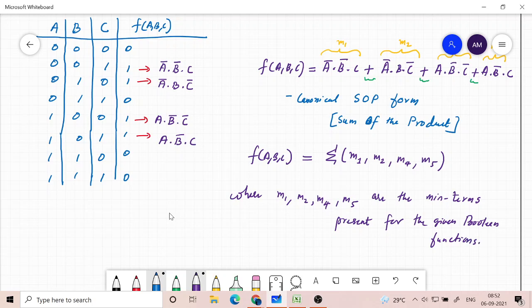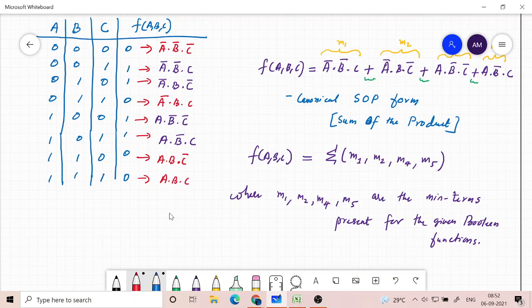So there are 8 min terms corresponding to each of the combinations. If I write all the remaining cases, here it will be a bar dot b bar dot c bar. Here it will be a bar dot b bar dot c, here a bar b c bar, and here it is a dot b dot c.